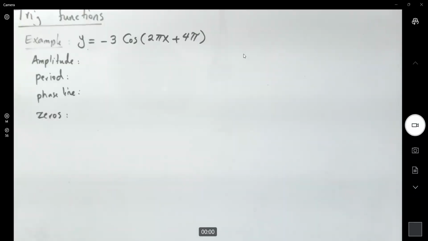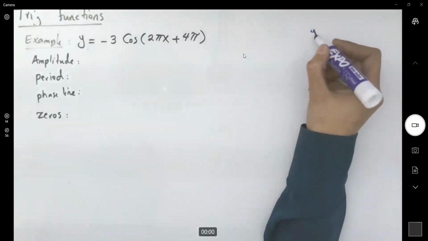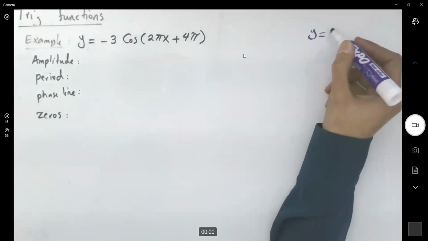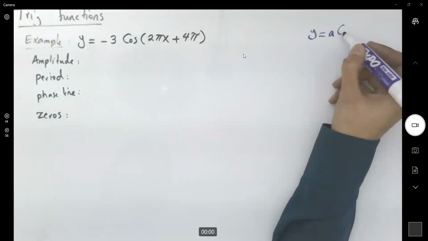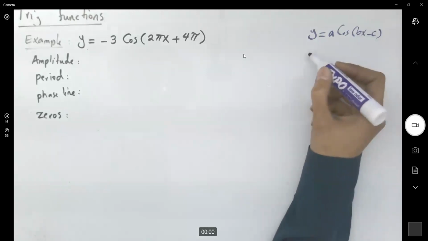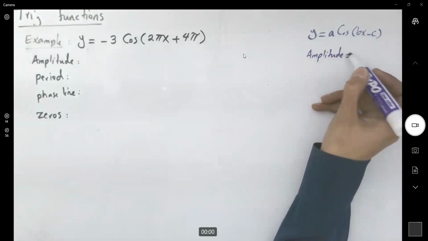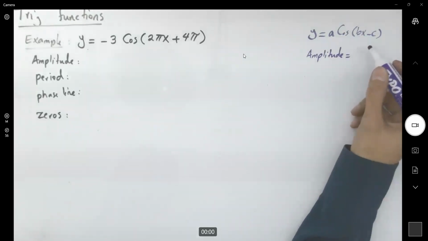Very good. So let us find the amplitude first. Remember that when you have your trig function, in general, if you write it as y equals a times cosine of bx minus c, the amplitude is the absolute value of a.